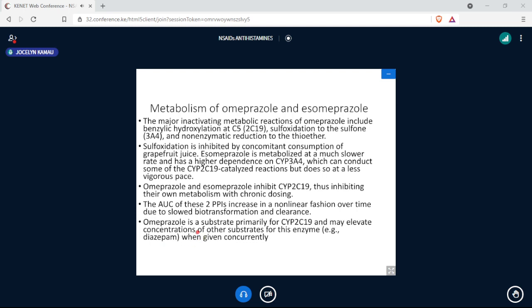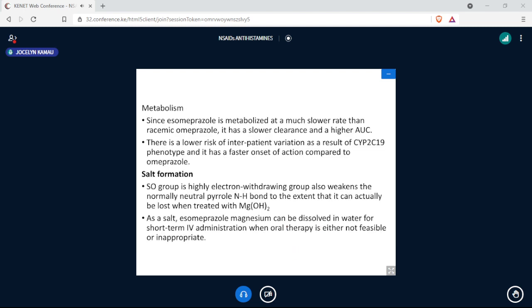For example, benzodiazepines can bring about a drug interaction. This is because both of them are substrates for cytochrome 2C19, the main metabolizing enzyme for omeprazole. So once that enzyme is inhibited, or if there is competitive inhibition, then you can also get toxicity.